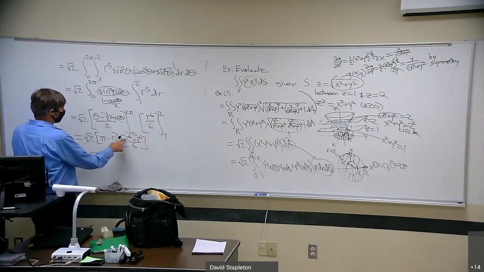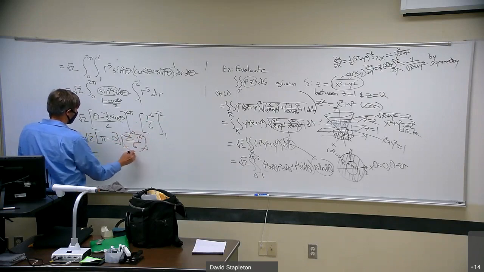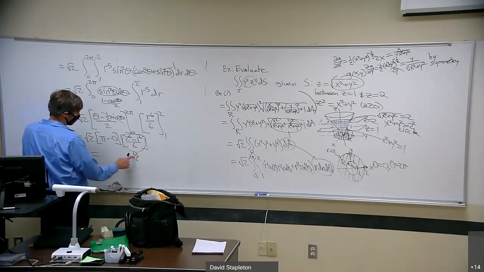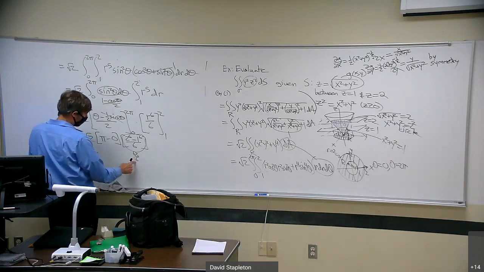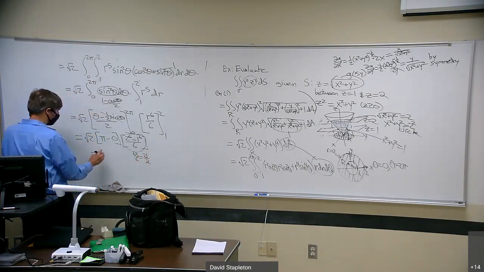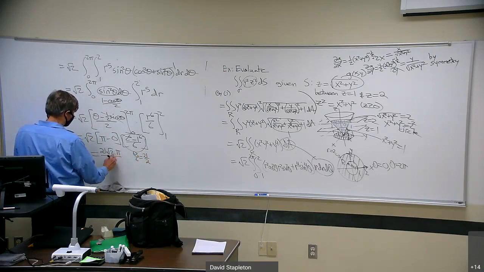Well, 2 to the sixth is 64, so this is 63 sixths, which then amounts to 21 halves. Times square root 2 gives us 21 square root 2 pi all over 2.